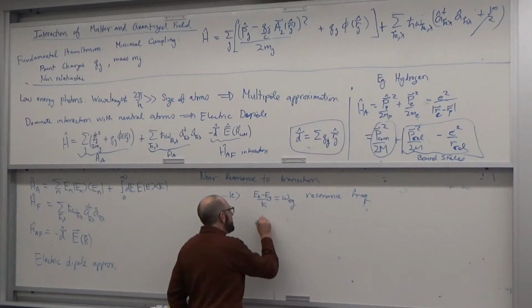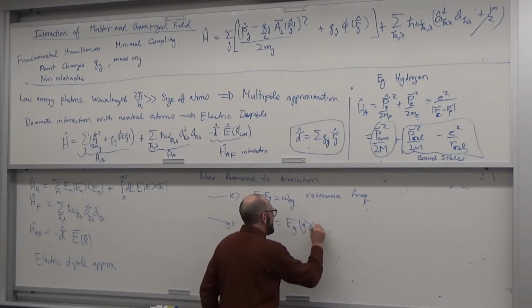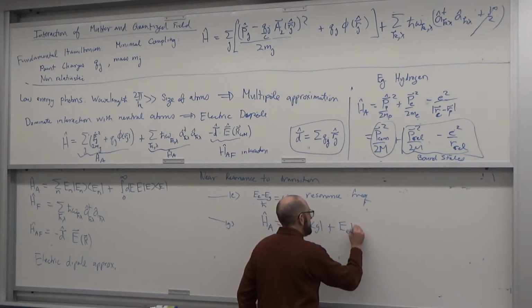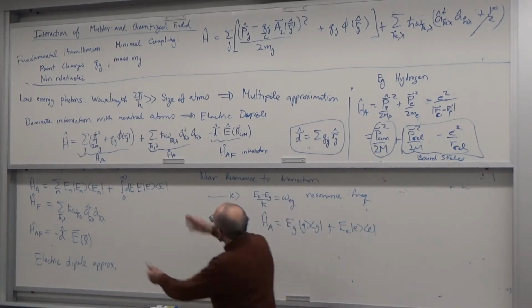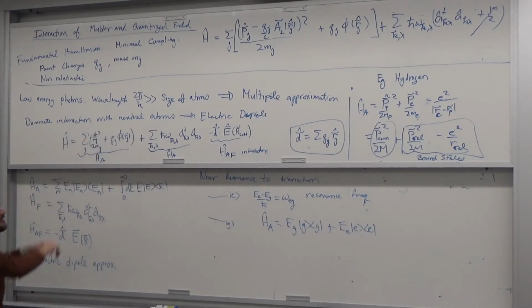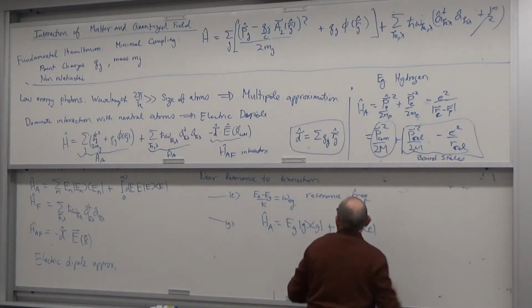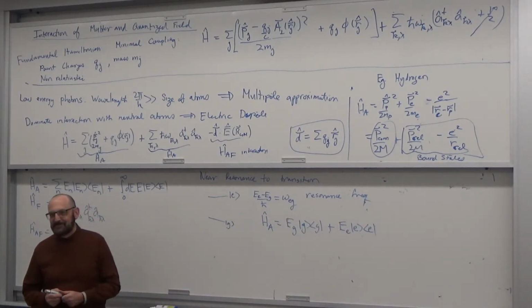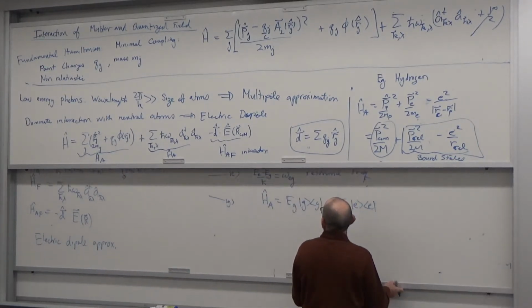In that case, the Hamiltonian of the atom is just restricted, as always, to those two energy levels. So this whole mess that involved all this stuff is now this.